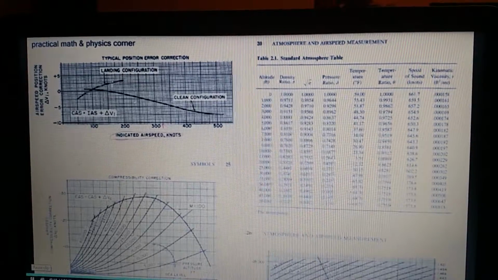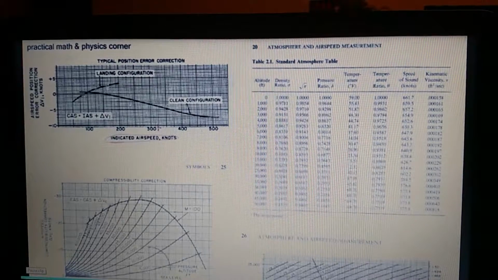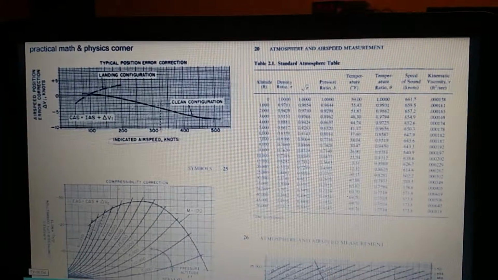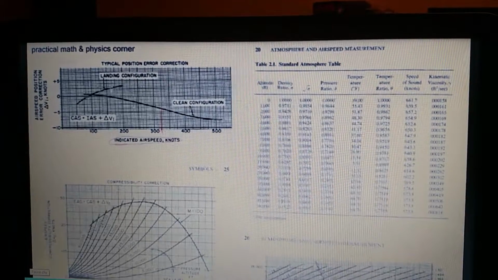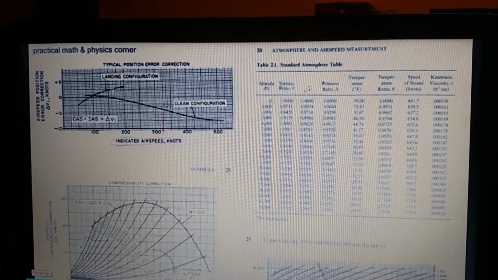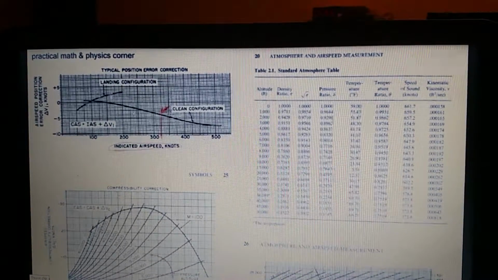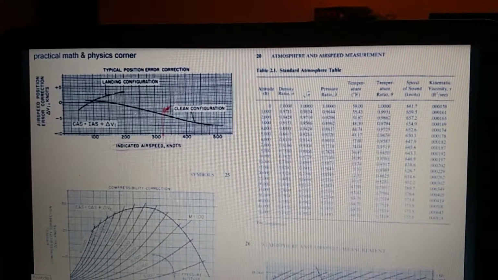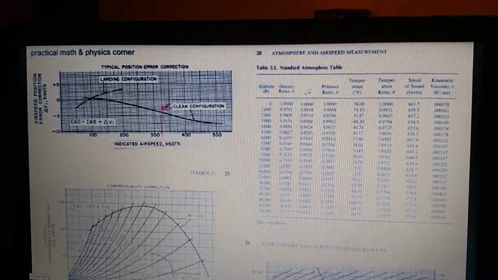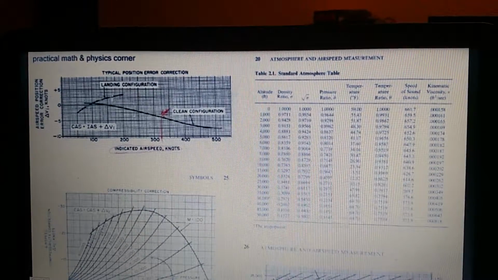And then from there you would go straight up till you hit the curve, where you're looking for that intercept point in that curve, and then from that intercept point you go straight across along one of those lines.